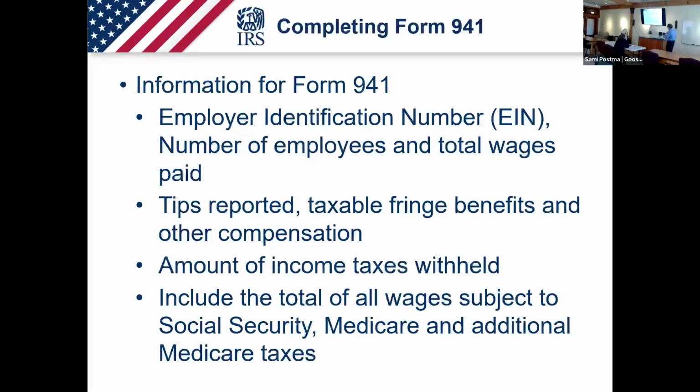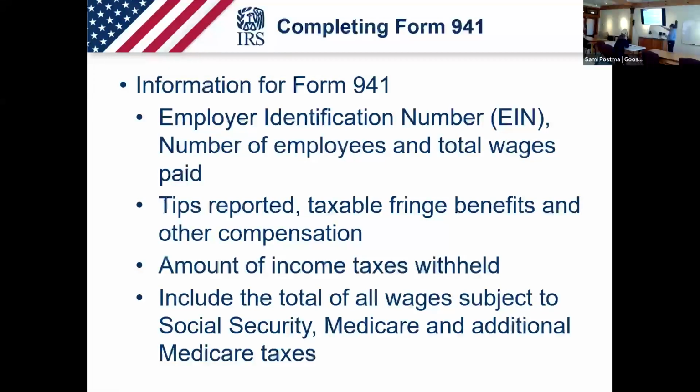So it wants the total number of employees and the gross wages, the total amount of wages. If there's tips, if there's fringe benefits that are taxable, other compensation that you give them, include all of that. Then show the amount of withholding. That's the income tax that the employee says, hey, please withhold this.